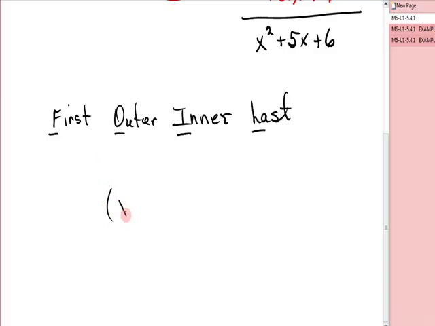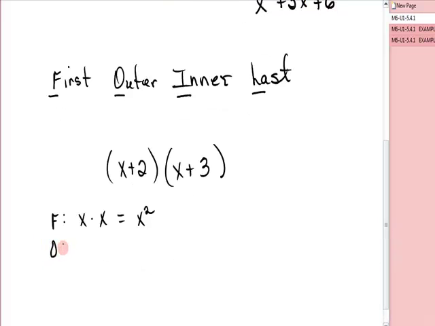If I were going to multiply that x plus 2 times x plus 3, the x and the x are in the first position. So the first product is x times x, which is x squared. The outer x and 3 are in the outermost positions. So it's x times 3, which is usually called 3x. Inner is for the innermost, the ones close together.